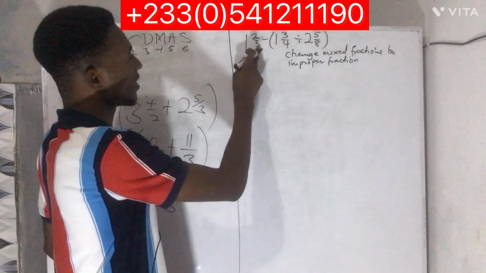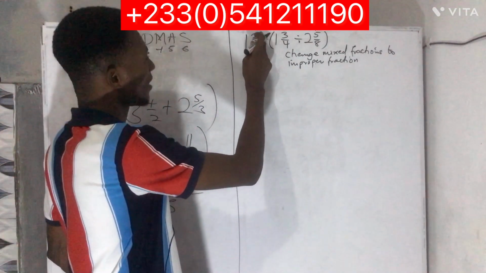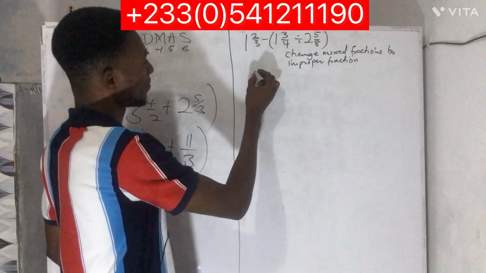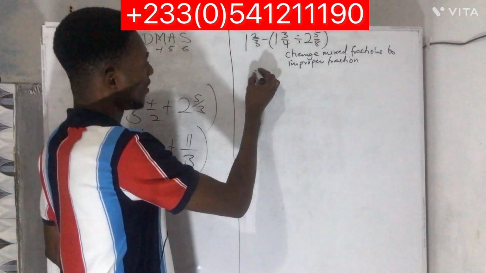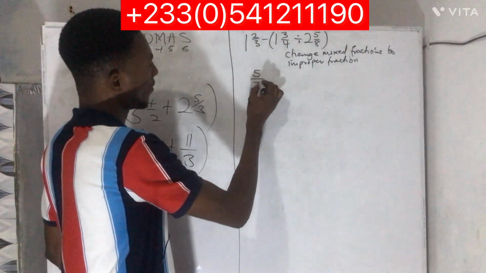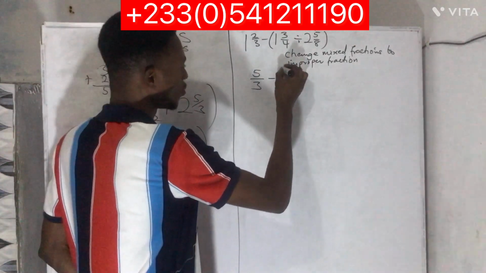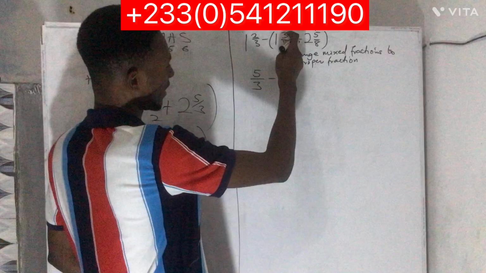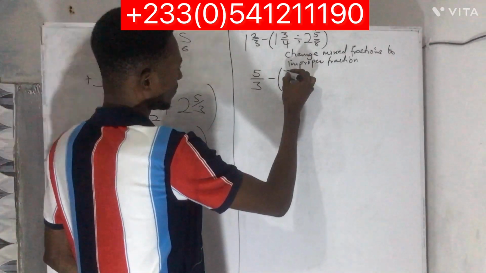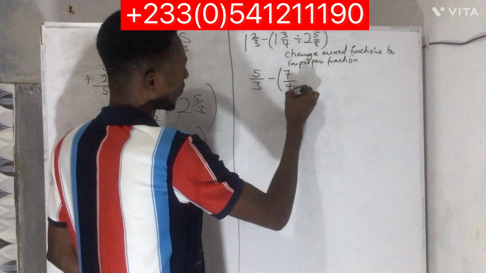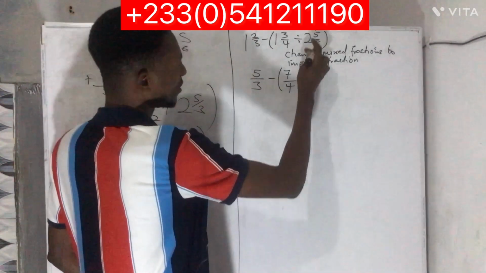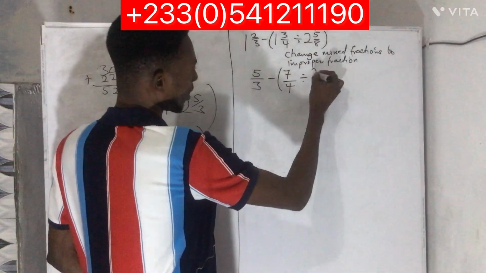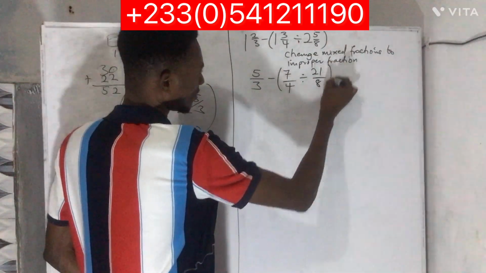So we have 1 times 3, 3, 3 times 2, 6, 6 plus... so we have what? 5/3 minus, in the bracket, 1 times 4, 4, 4 plus 3, 7. 7 over the denominator, which is 4, divided by 2 times 8 is 16, 16 plus 5, 21 over 8. Now we have this.